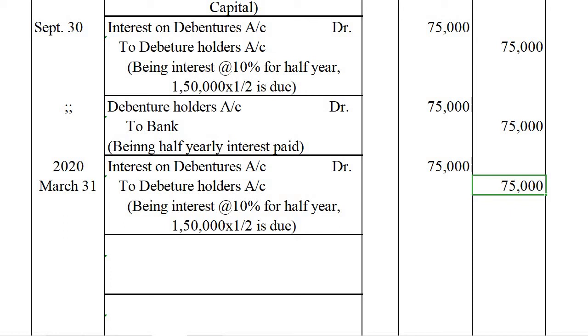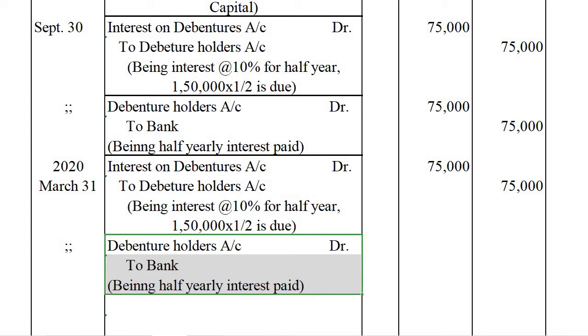Half we have paid on 30th September and the remaining half is paid at the end of the year, that is March 31st. So that payment entry we have to write next on the same date: Debenture Holders account debtor to Bank, 75,000 each. So in both columns we can write the amount 75,000.